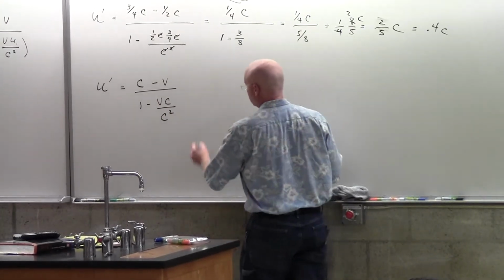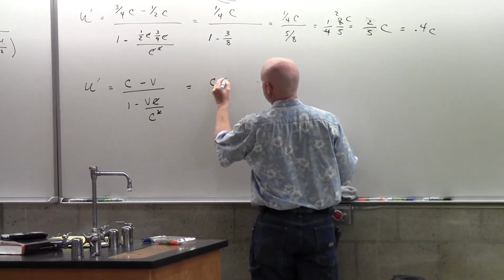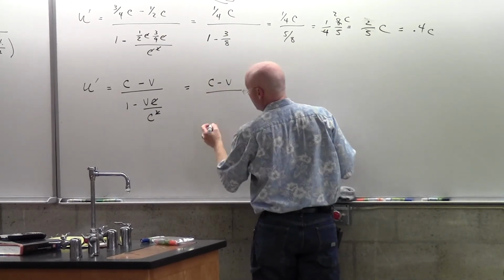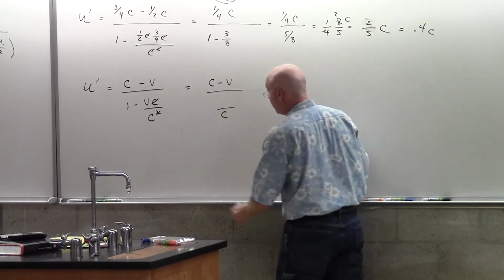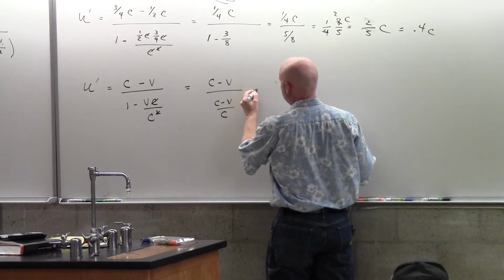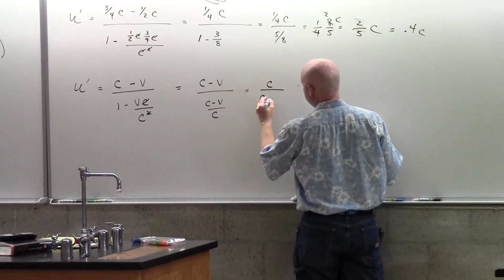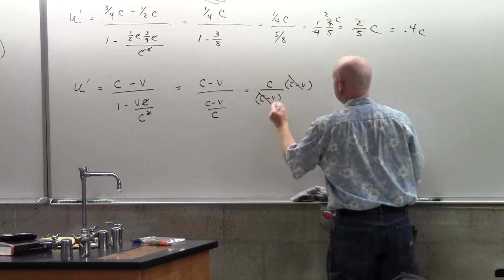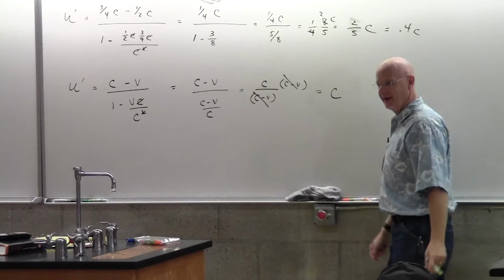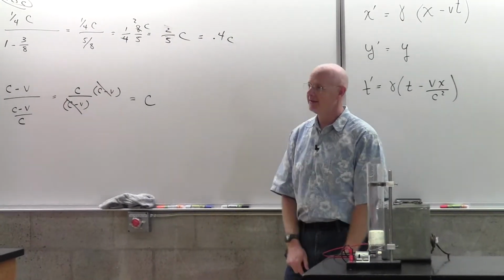And I get that c squared. Now I guess one of the c's cancel off. And in fact, downstairs, I would have a common denominator of c. And so I'd get c minus v. That becomes, when we flip it and cancel, what speed do I see? I see the speed of light, c, also.